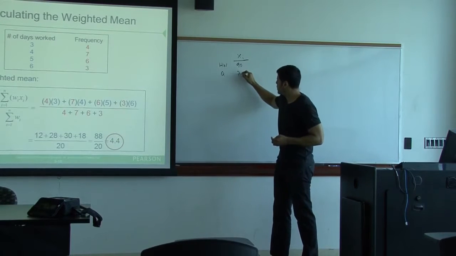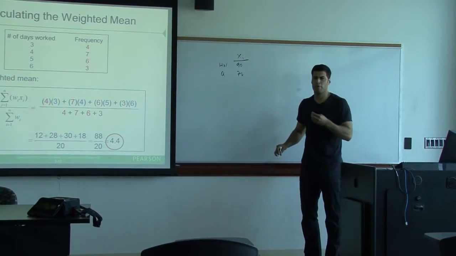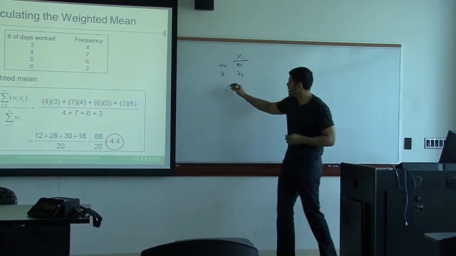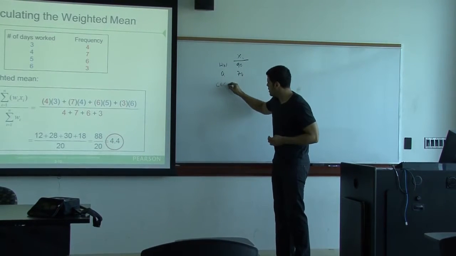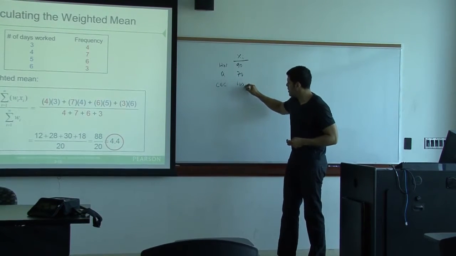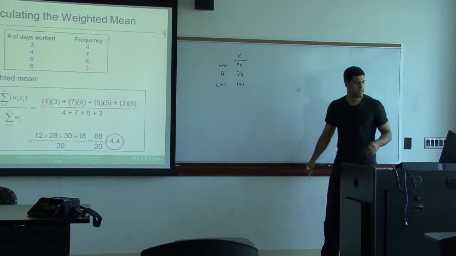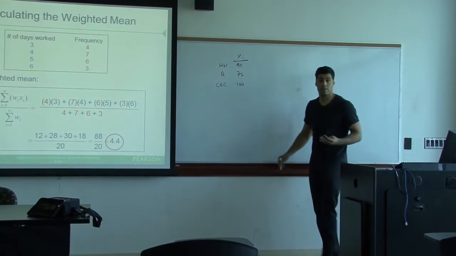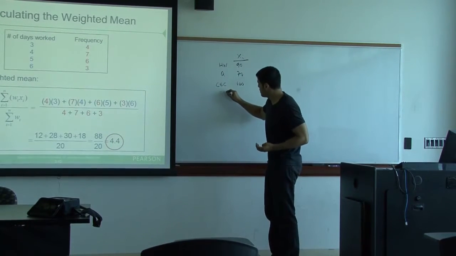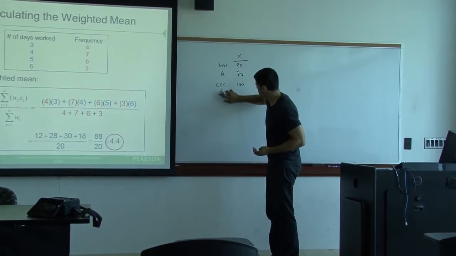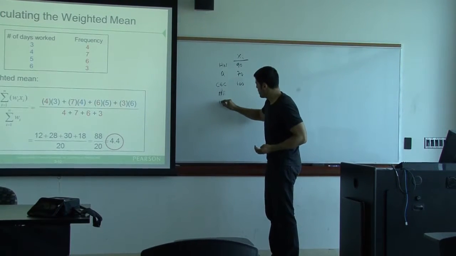Quiz grade, that's X2. How many do we have in this class? 3, right? Grade 3 is the CEC for the class. Then you have the final exam. Let's start with the midterm. And the final exam.